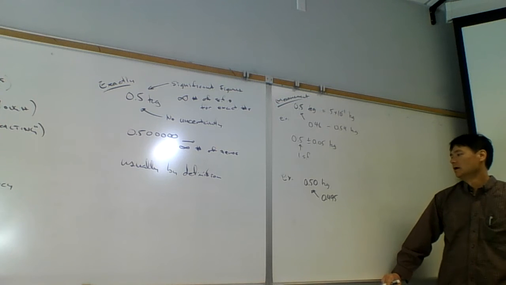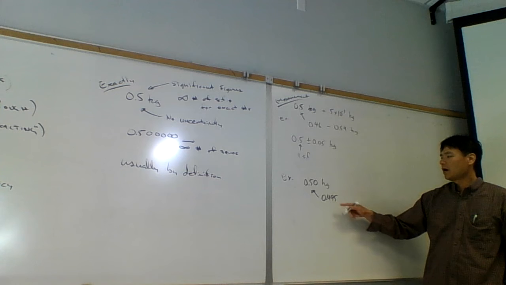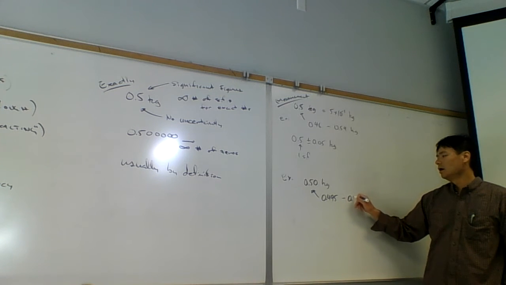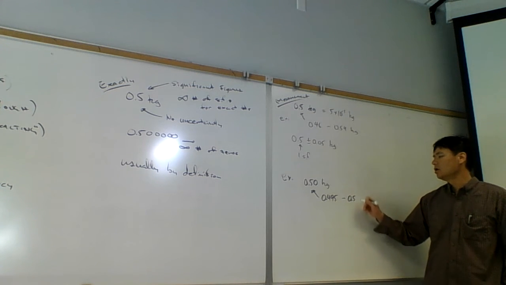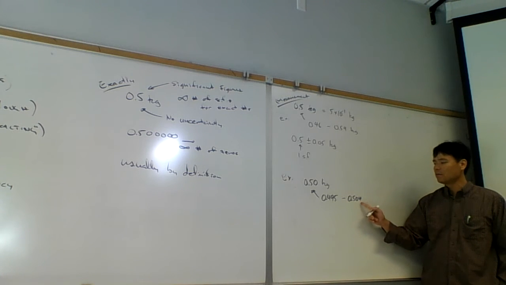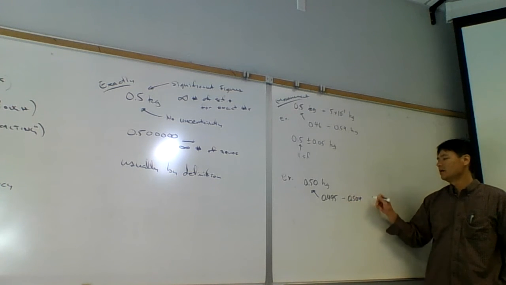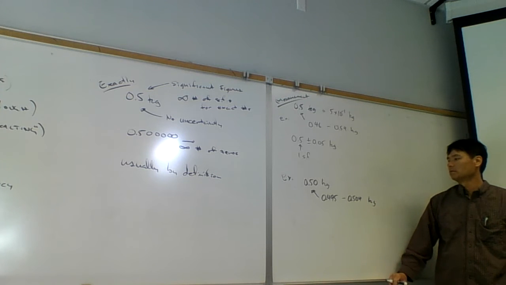I think in math, they cover that pretty well. So it could be 0.495 all the way up to 0.504, because if we go to 0.505 and we drop the 5, we'd have to round that up to 0.51, not 0.50. And so this would be the expected range in terms of kilograms here.